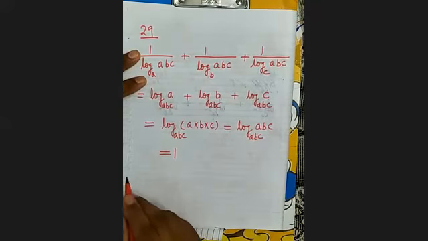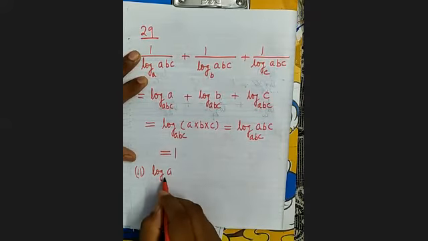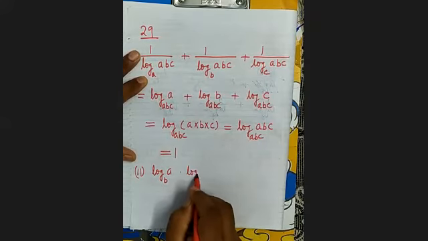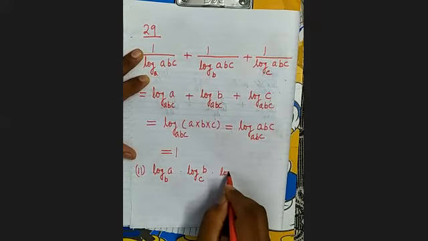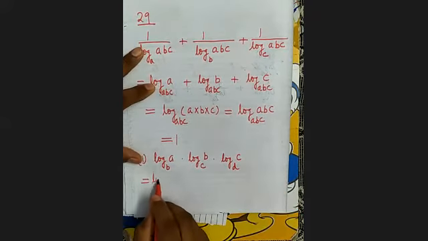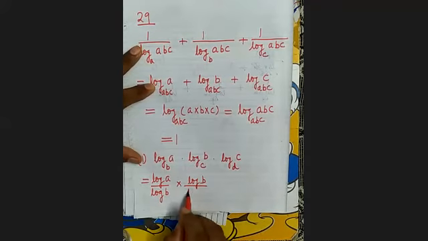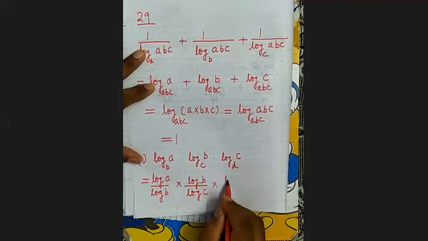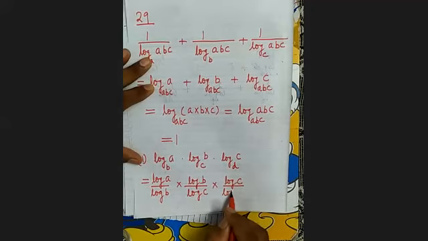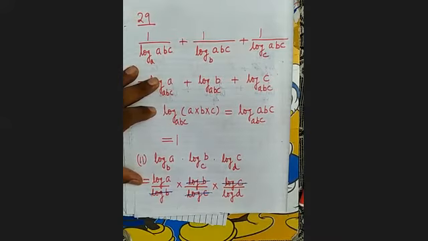The second part is very simple. It is given log A to the base B into log B to the base C into log C to the base D. You can write it as log A upon log B, log B upon log C, log C upon log D. So when you simplify, this and this will be cancelled, this and this will be cancelled.